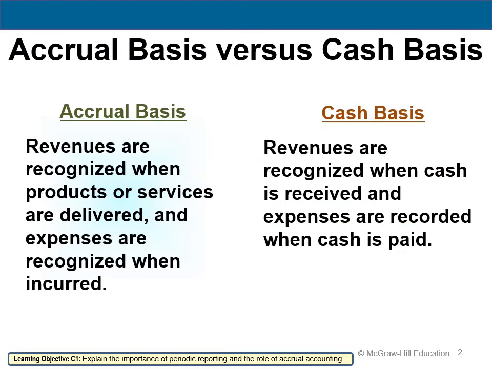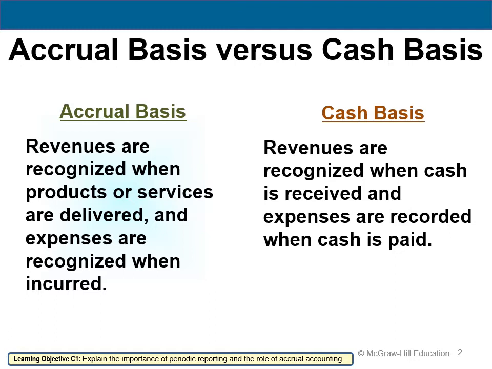So we want to compare the cash basis to the accrual basis. All right? The cash basis of accounting is where the actual receipt of cash is what triggers the recognition of a revenue.